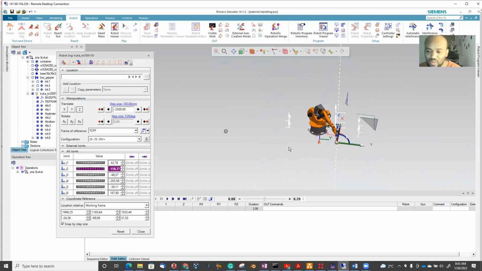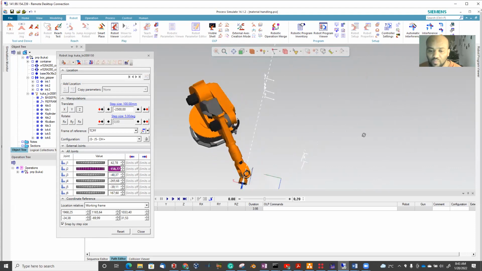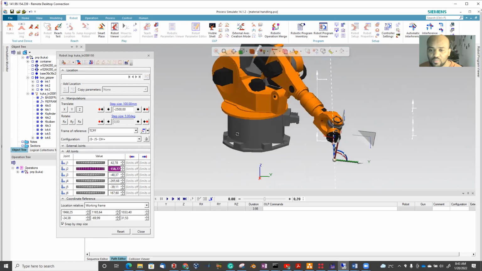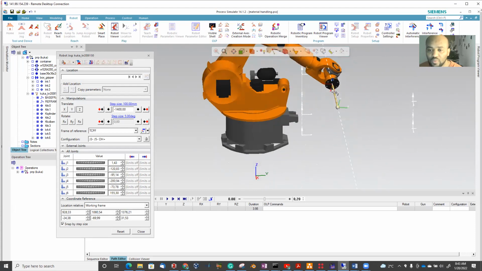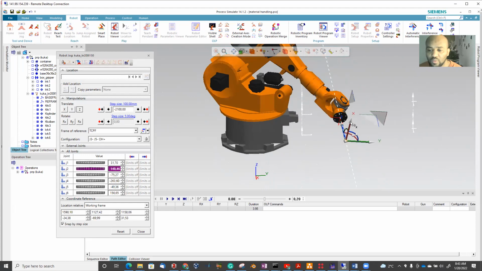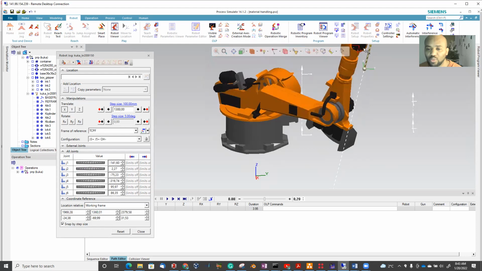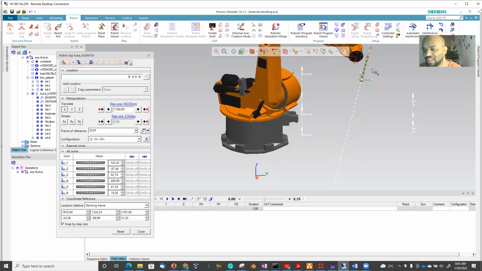I don't know if you are understanding. Look, at one instant it is moving with some degree, which is unimaginable. This cannot be achieved.